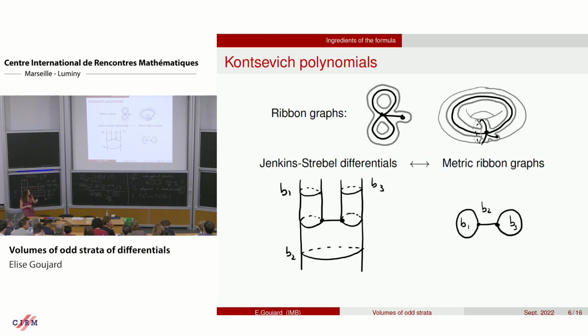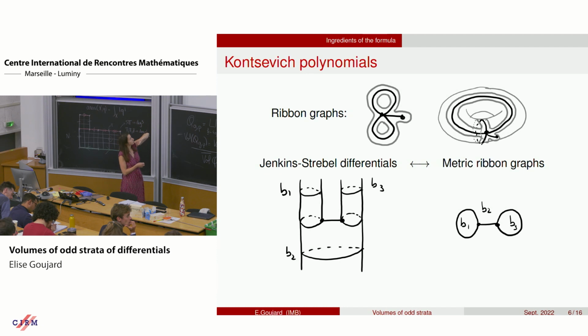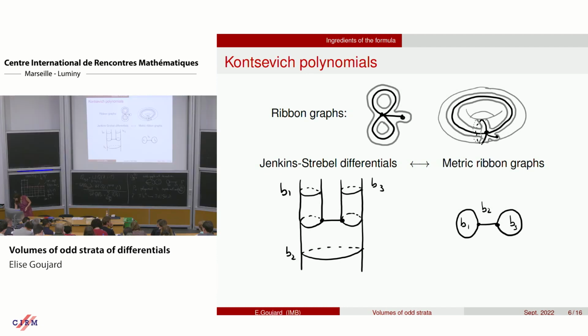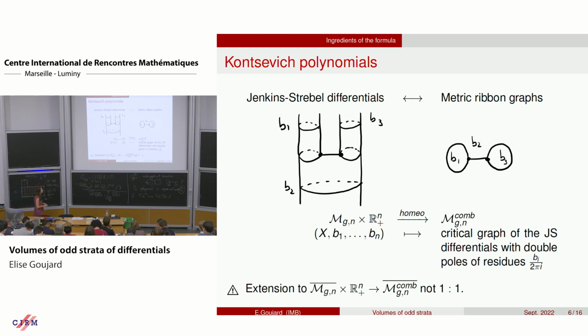In the other way around, you can start with a Jenkins-Strebel differential and look at the critical graph, the set of all saddle connections of this differential. This gives you graphs naturally embedded in the surface, so ribbon graphs. And there is also a notion of length of these saddle connections, because you have the flat metric. So you get really a metric ribbon graph.